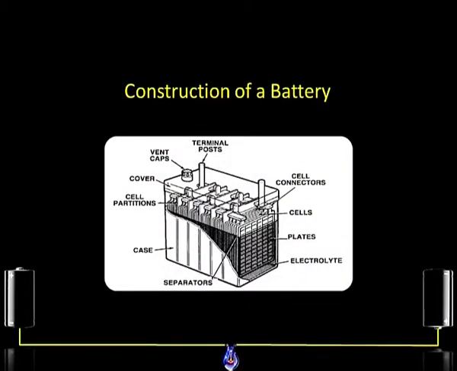As we can see in this diagram, number 1 is the case to cover all these materials, the cover to hold the material, then separators to separate electrodes, cell connectors, cells, plates and electrolytic solution, and overall the vent caps to release gases.